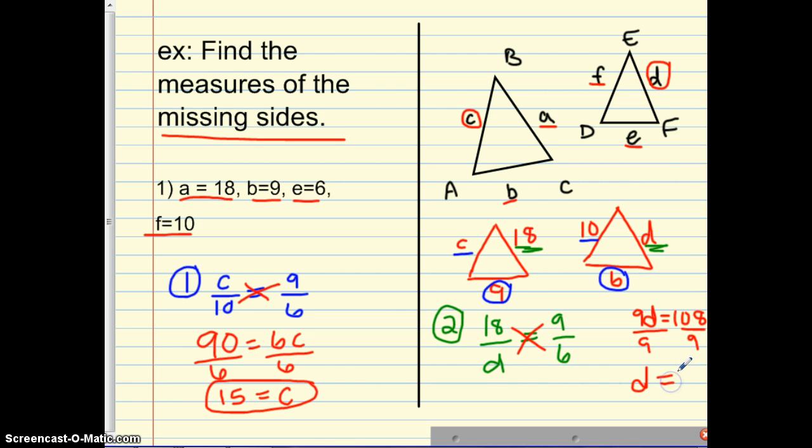D equals 12. The other way you can do that, though, is if you just look across, isn't this a times 2 relationship right here? So you could just go this way, times 2. So that's how you find your missing sides.